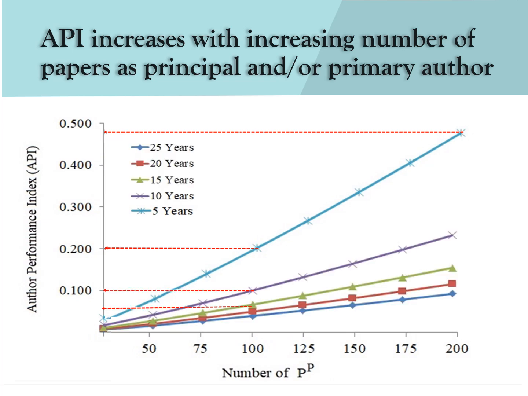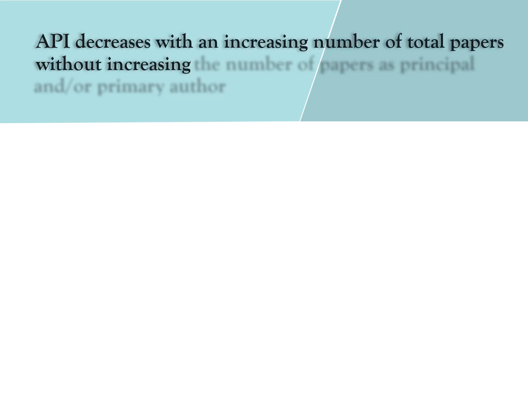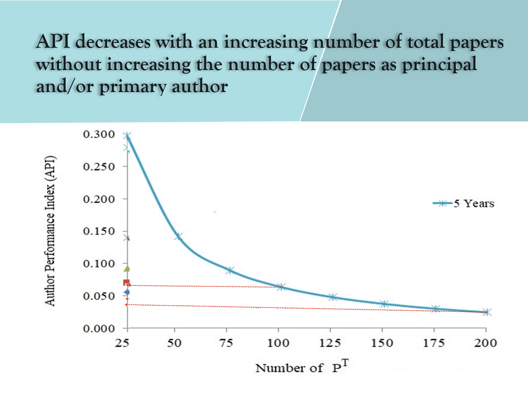Similarly, API will have a similar trend, but will decrease if the author takes a longer time to publish the papers. Using the same equation, it can be shown that API decreases with an increasing number of total papers without increasing the number of papers as principal and or primary author. Think about a person who might have 25 papers as principal and primary authors, but eventually will increase the total number of papers as co-author.